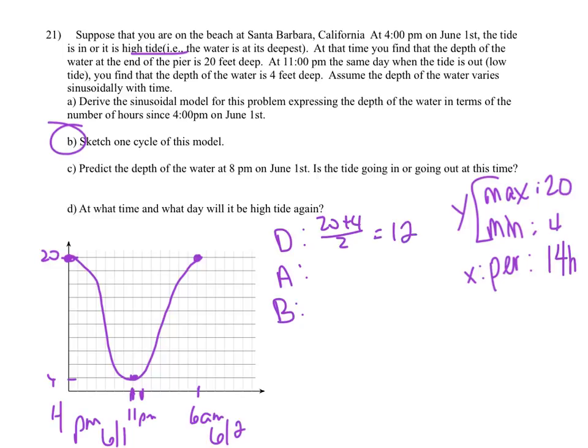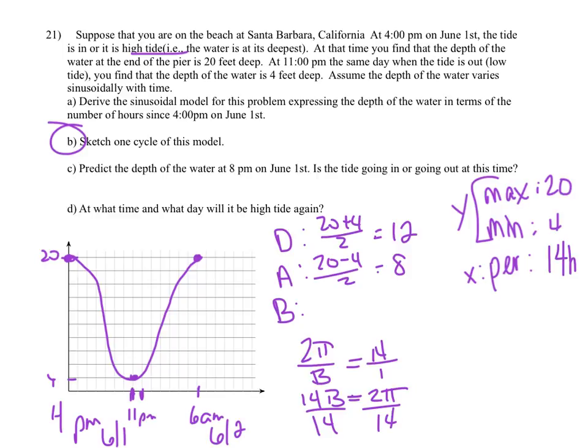Max minus min divided by 2: 16, so A is 8. And for B, 2 pi over B equals 14. When we cross multiply and solve, we get pi over 7.